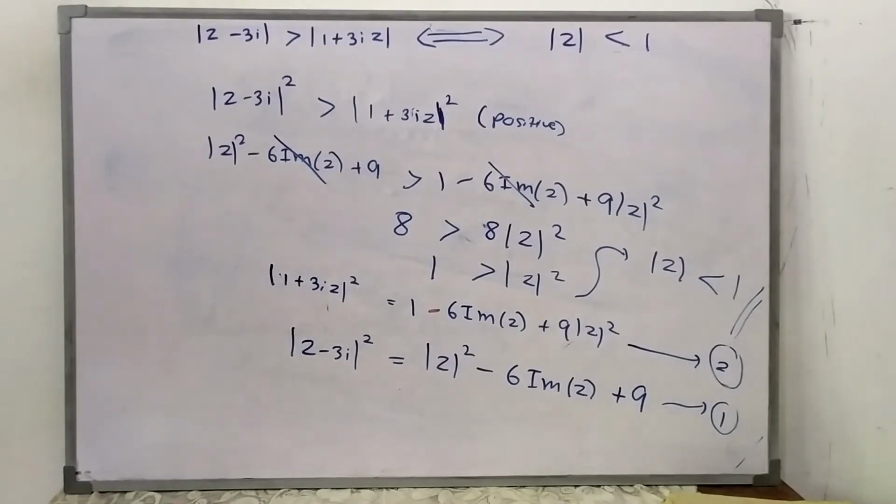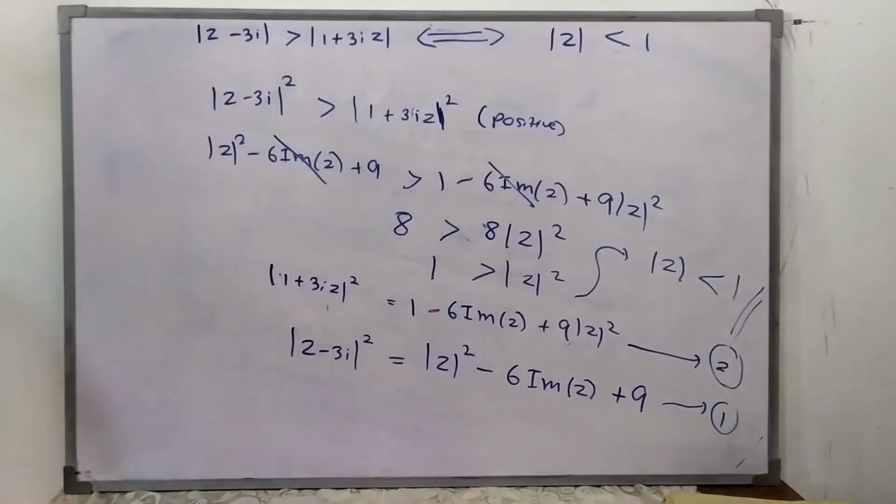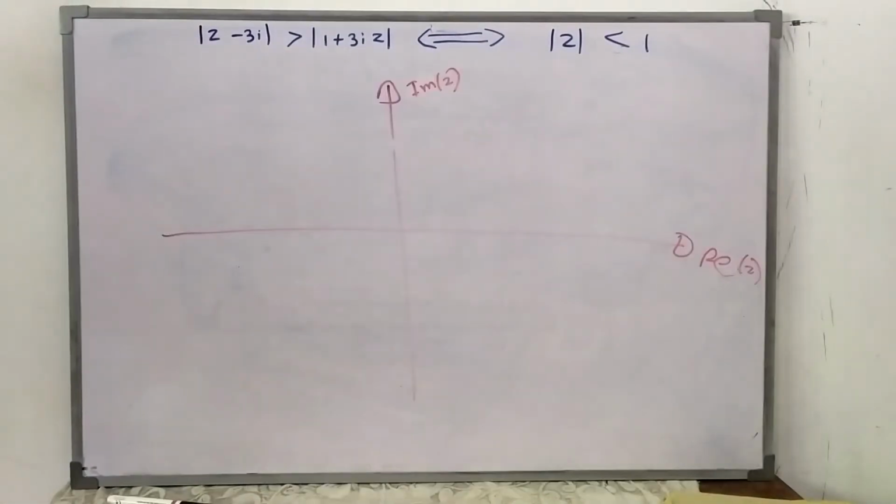Plot the points that represent the complex number z satisfying the condition modulus z minus 3i less than modulus 1 plus 3i z and argument z equal pi by 4 on an Argand diagram. Okay, so now we have this whole thing as modulus z less than 1. Okay children, so the next one is drawing these two, right?